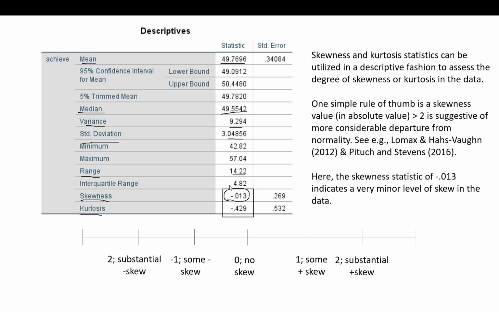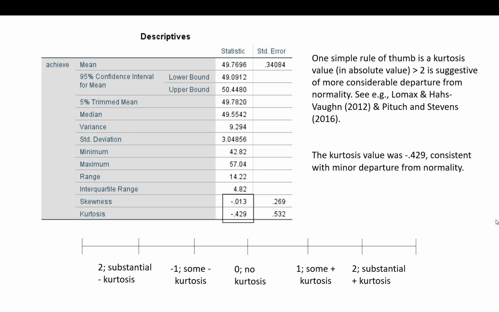So at least descriptively along that dimension, there's evidence for normality. Similarly, we can apply that rule when evaluating kurtosis. You can see right here we have a negative kurtosis, negative 0.429, and so again we're not meeting the threshold for a kurtosis value that might be considered more substantial or more extreme.